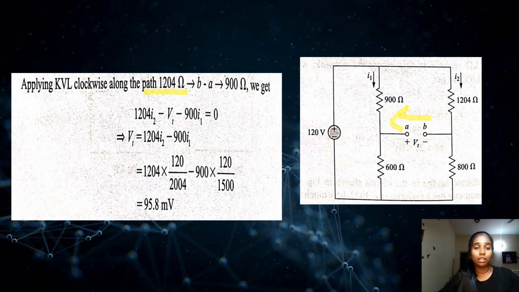Vt will be equal to 1204 I2 minus 900 I1, which is 1204 into 120 divided by 2004 minus 900 into 120 divided by 1500, which is equal to 95.8 millivolts.